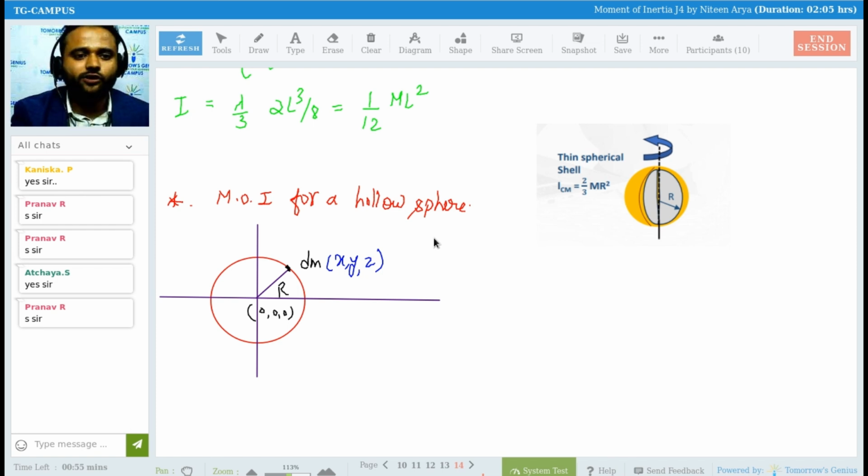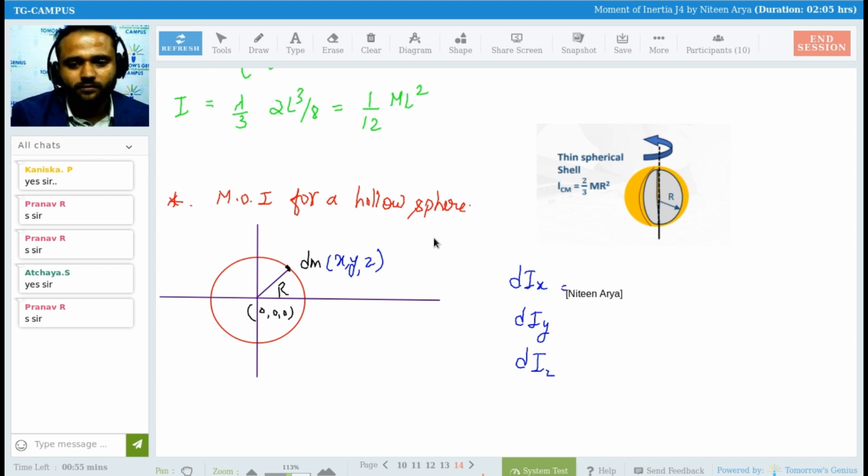So how can I find it? Instead of finding this directly, I can do dIx, clear? And I can do dIy and I can do dIz.